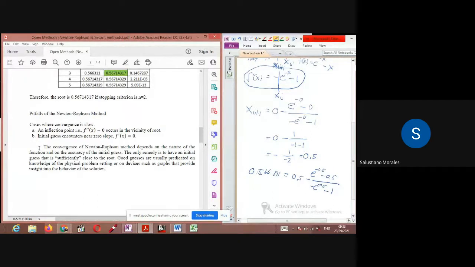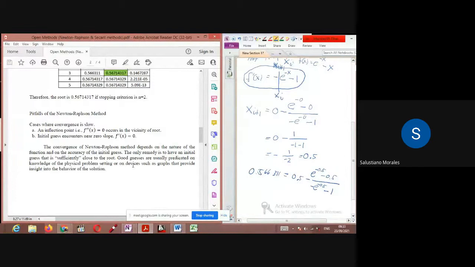So the convergence of the Newton-Raphson method depends on the nature of the function and on the accuracy of the initial guess. The only remedy is to have an initial guess that is sufficiently close to the root.